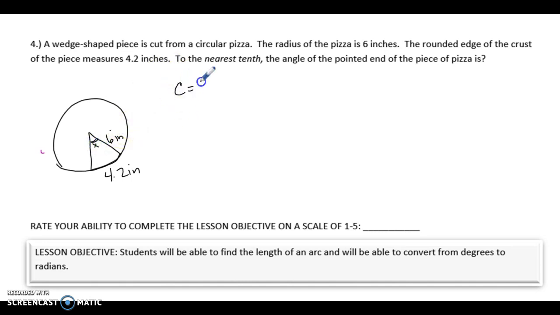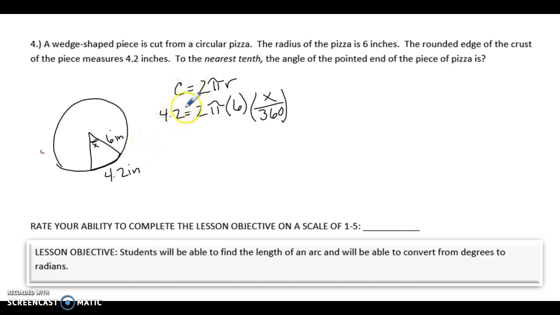And let's remember circumference equals 2 pi r. So 2 times pi times the radius, 6, times the number of degrees out of 360. Now we don't know the number of degrees, so I'm going to use x there, over 360 should give me my arc length, which is 4.2.